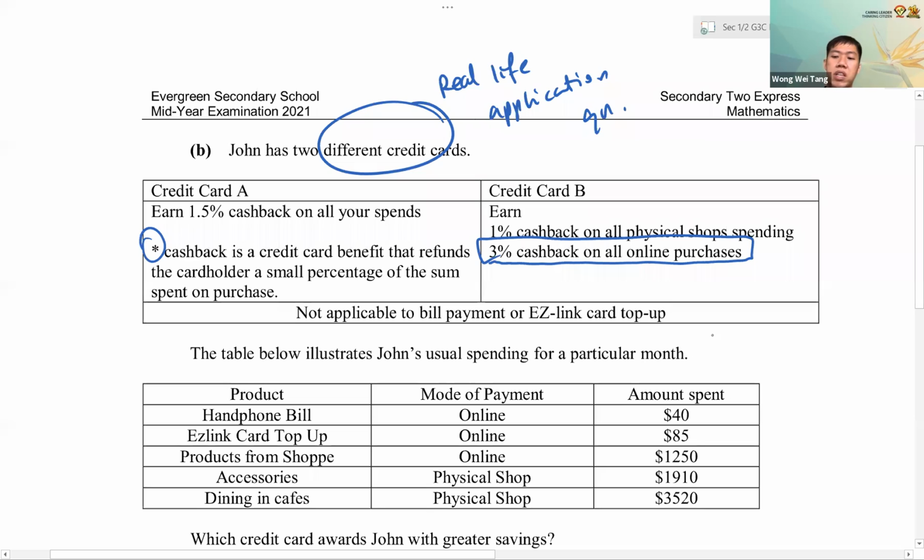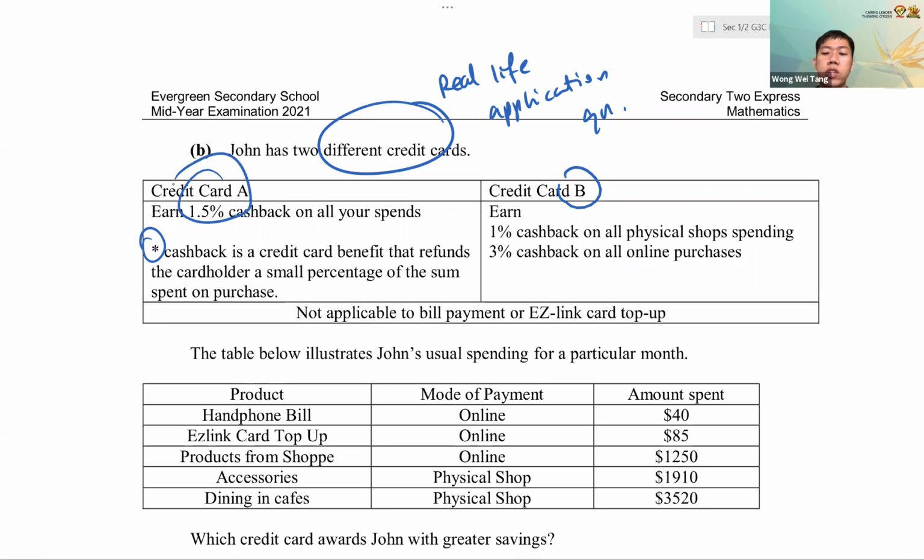Now, this makes it better than credit card A. So if you are a person who does a lot of online shopping, then clearly you should go for credit card B. If you do not believe in online shopping, you do everything physically, you should go for credit card A. But if you are doing a mixture, then you have to think carefully.